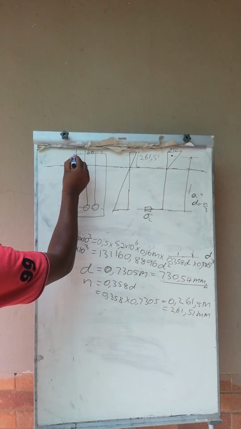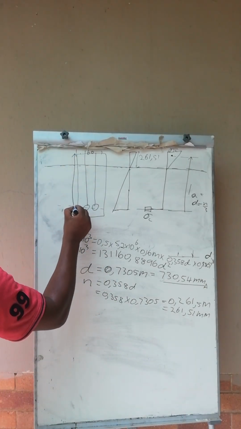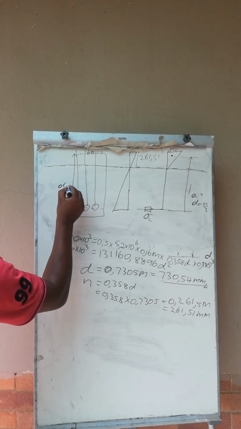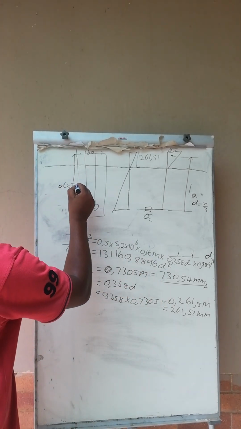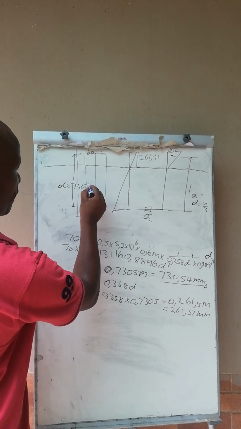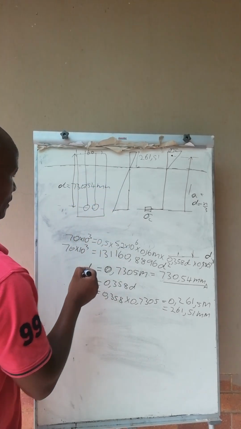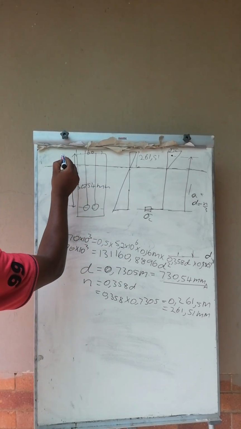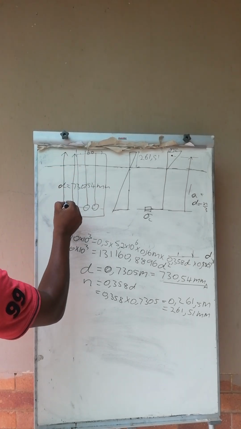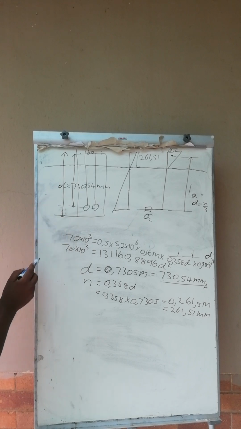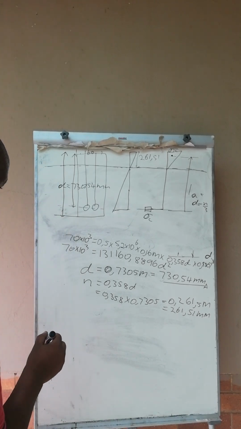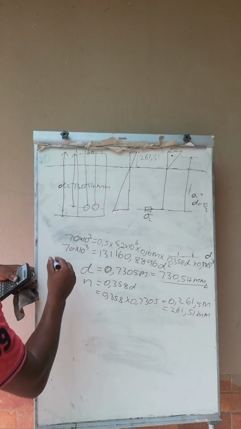That distance from there up to there, which is D, is equal to 730.54 millimeters. Now we have to find this distance, and obviously this distance should be bigger than that distance. Let's check.